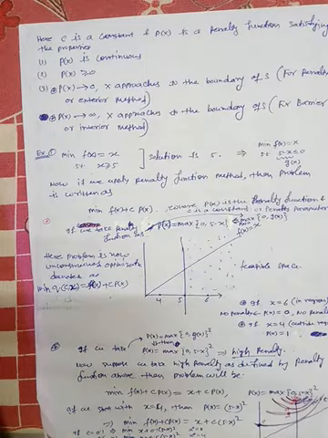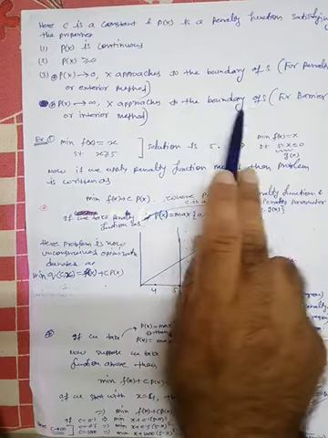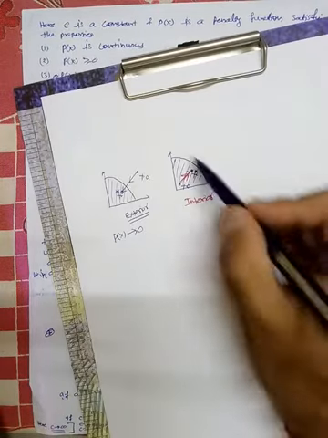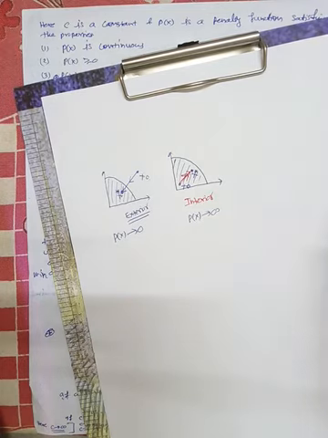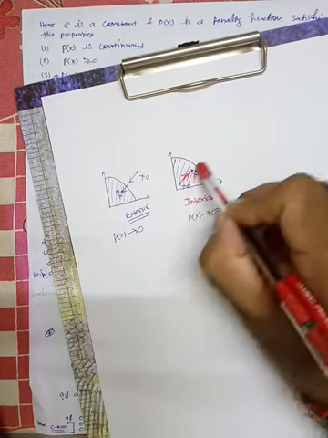Now in the second case, P(x) tends to infinite when x approaches the boundary of S, for the barrier or interior method. Here your penalty should be infinite because you start from inside and you are moving outside.